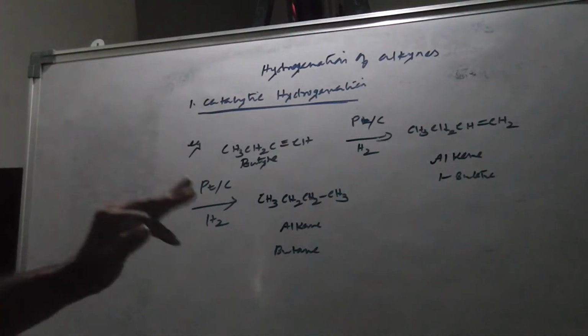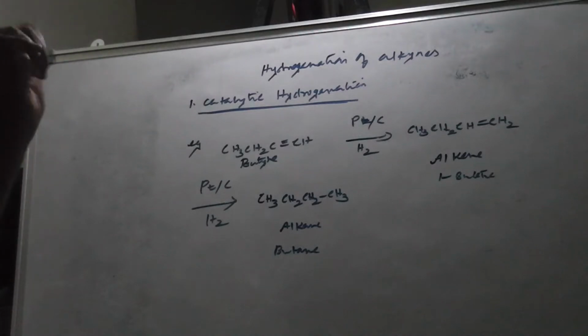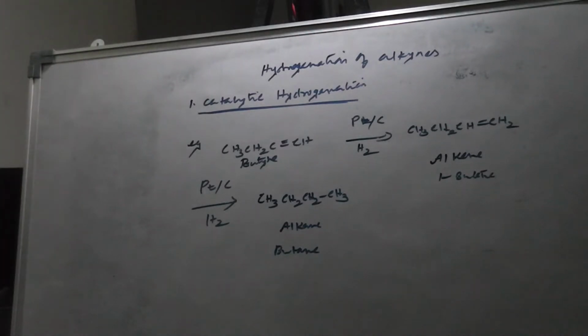So if you want to stop only at the alkene stage, we have to modify the catalyst. Then what kind of catalyst can we look at? A catalyst, for example, that we can use by poisoning is Lindlar's catalyst.